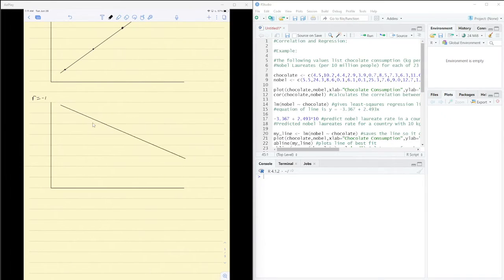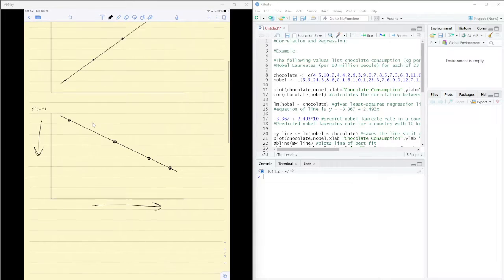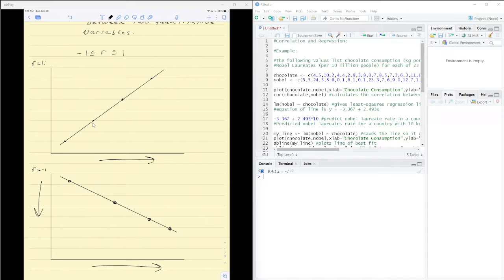It's just a matter of whether it's positive or negative. Negative means downward sloping. Positive would be upward sloping, like the example above. So it doesn't matter how steep the incline is. So R equals -1. Correlation is -1 means all of the points lie on the exact same line, and there's a negative relationship. As this variable goes up, this variable goes down. Before, as this variable goes up, this variable goes up also.